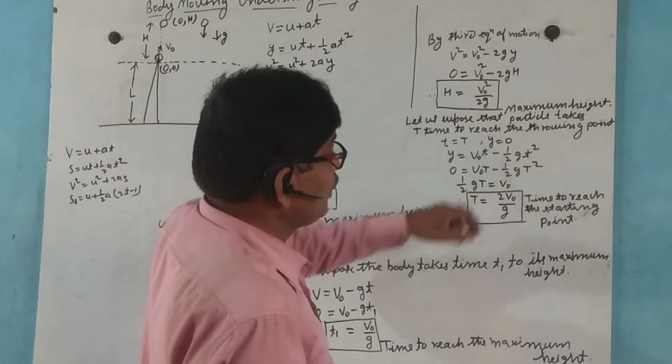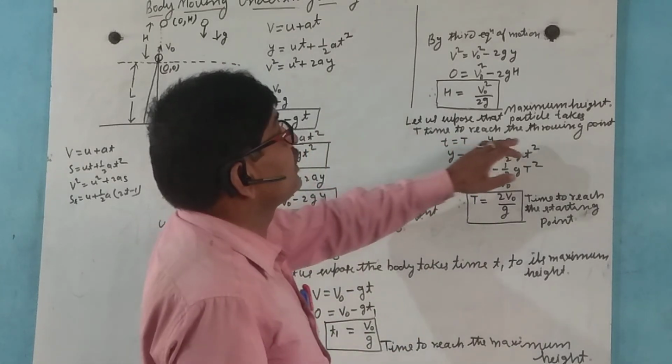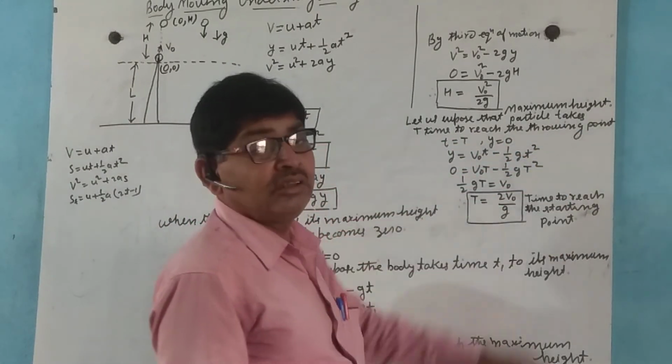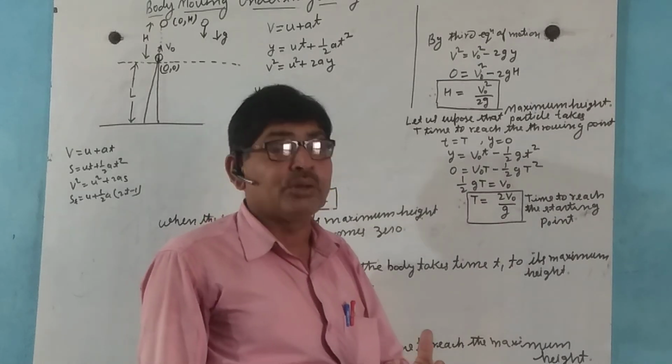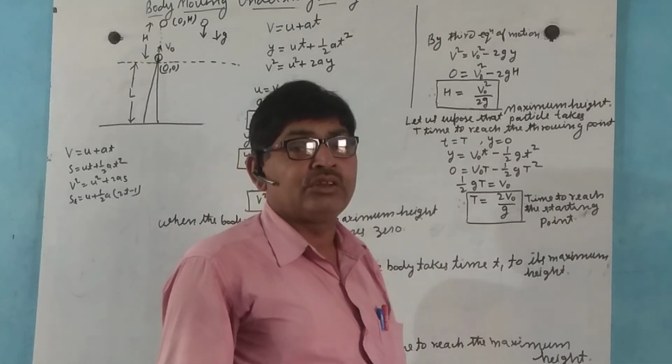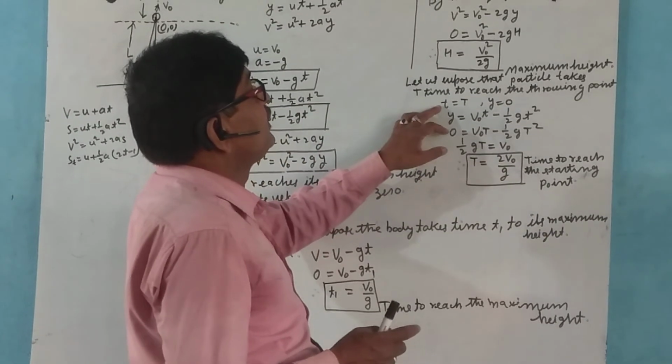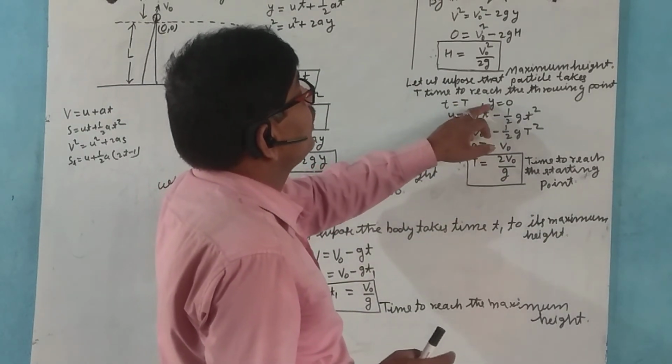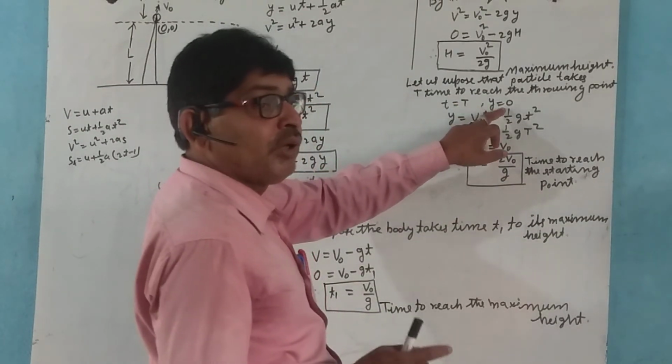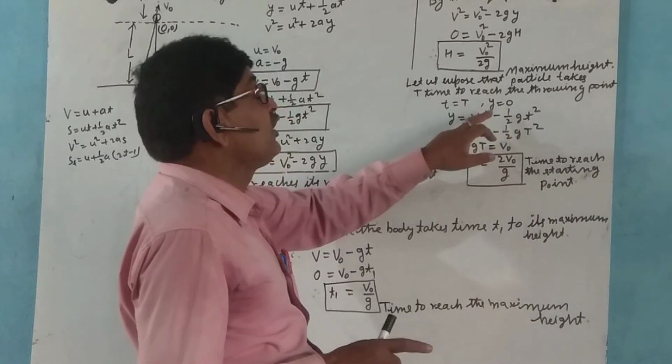Let us suppose that the particle takes time T to reach the throwing point, because we throw the body from this point and it reaches the maximum height. Time is capital T and Y is equal to 0, because the body comes back to the initial point.